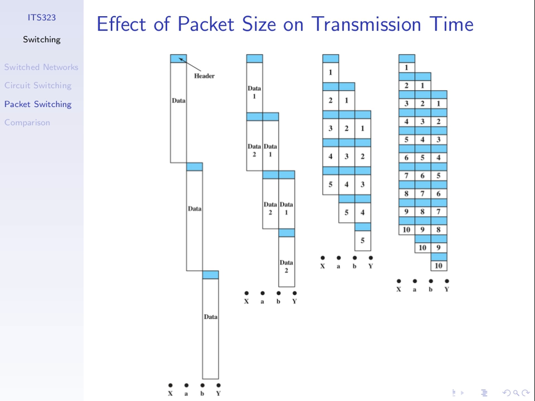So in the first case, if we put numbers to this diagram, it takes 3,300 time units to deliver the data from X to Y in our case. Any questions on how those numbers were arrived at? How you would do that in the exam? It's just looking at transmission delay. We transmit one packet. Once we receive it, we can send it across the next link, and so on.